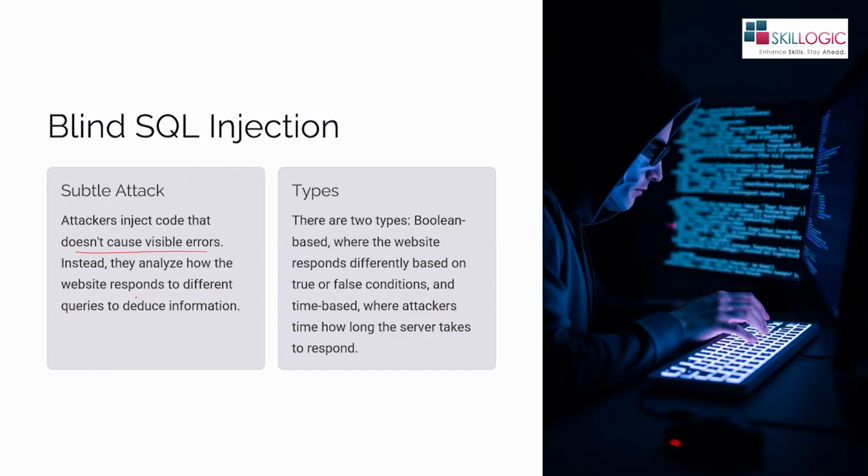Instead, they analyze how the web application responds to different queries to deduce information. The other two types are Boolean-based, which we use for login bypass, where the website responds differently based on true or false conditions, and time-based, where attackers time how long the server takes to respond. By using this, they can find whether the SQL injection vulnerability is there or not.